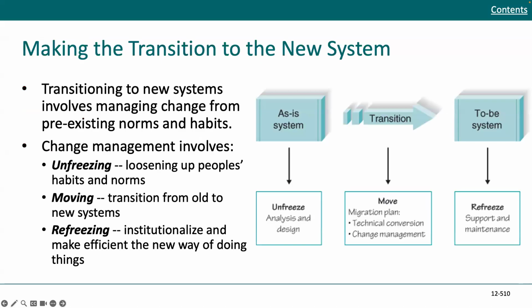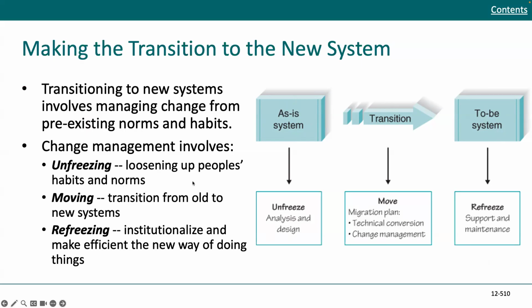So here we have making the transition to the new system. Transitioning to the new system involves managing change from pre-existing norms and habits. And so here we're going from the as-is, we've used that term, to the to-be system, which will be the new baseline. Change management involves unfreezing, loosening up people's habits and norms.